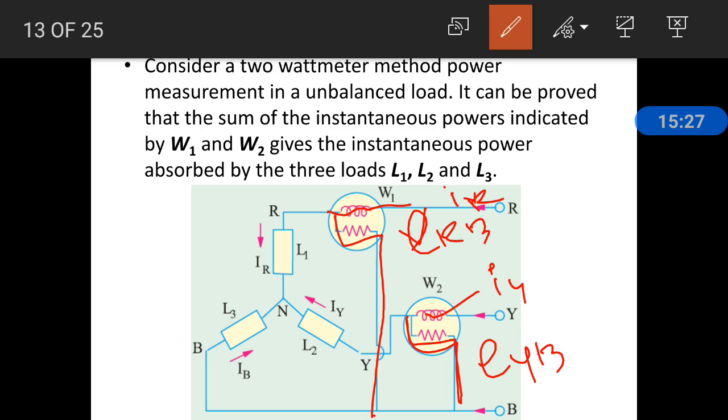While doing the derivation, W1 plus W2 gives ER IR plus EY IY plus EB IB, a total power in the form of instantaneous values, but the wattmeter measures its real part. That means it shows the total three phase power. Next slide we are going to discuss the same.